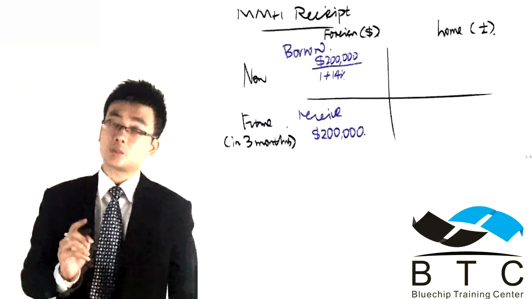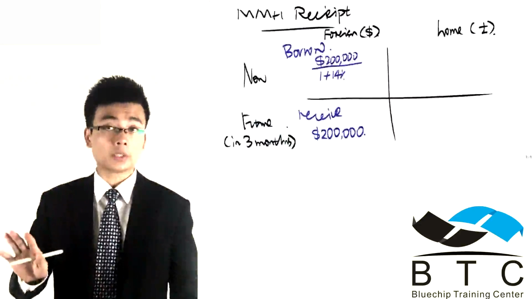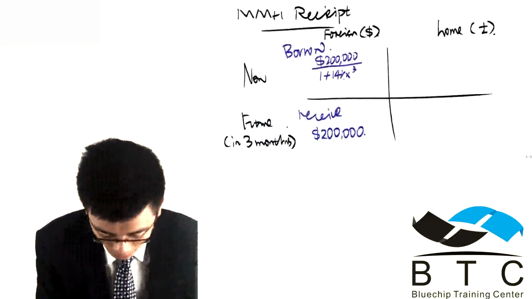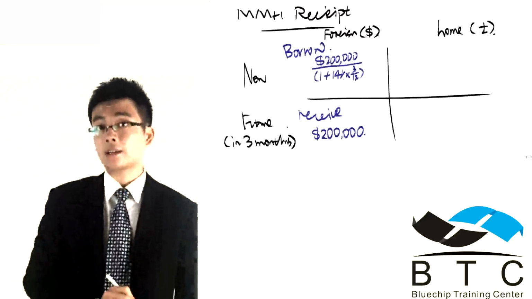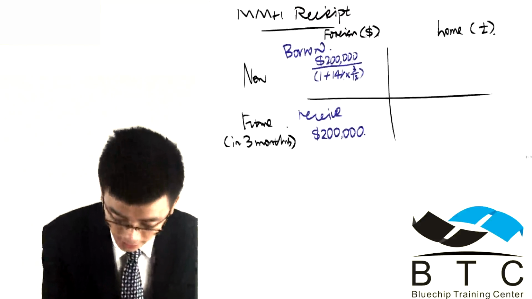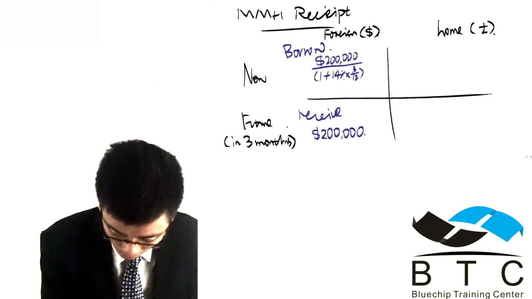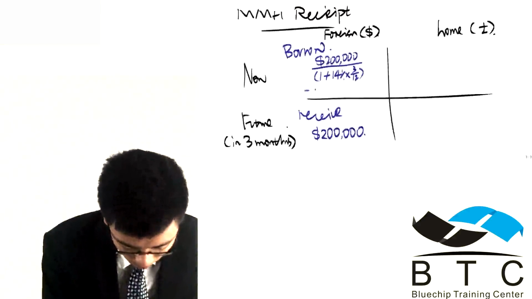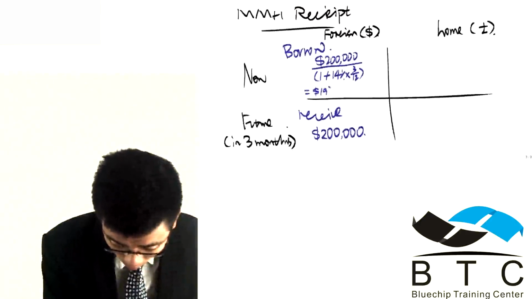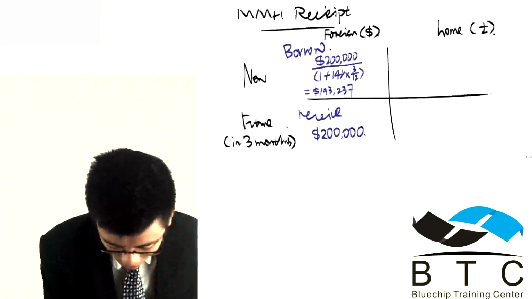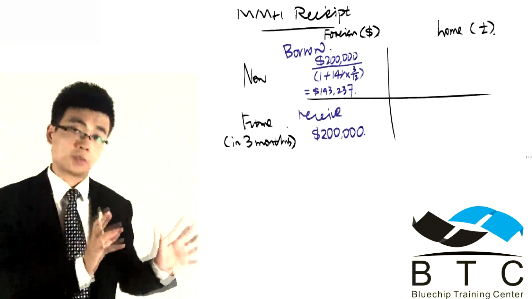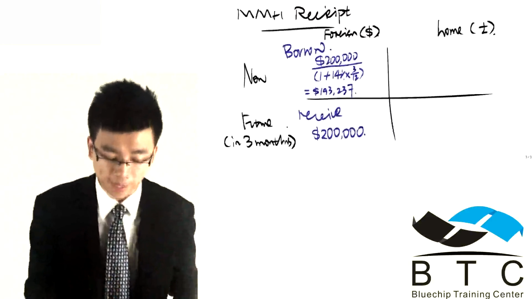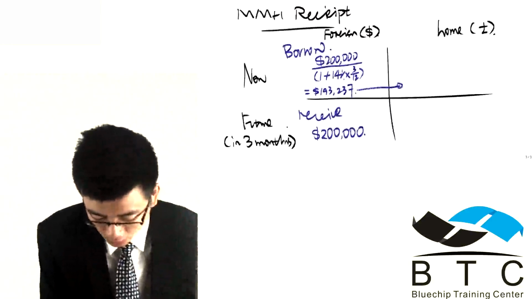But because this relates to 3 months, not a whole year, you're going to multiply by 3 months divided by the whole year of 12. Okay? So that gives us a figure of $193,237.